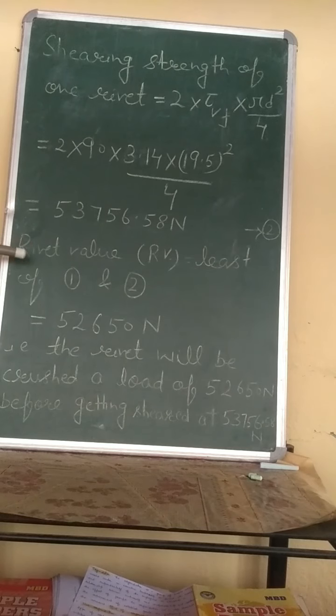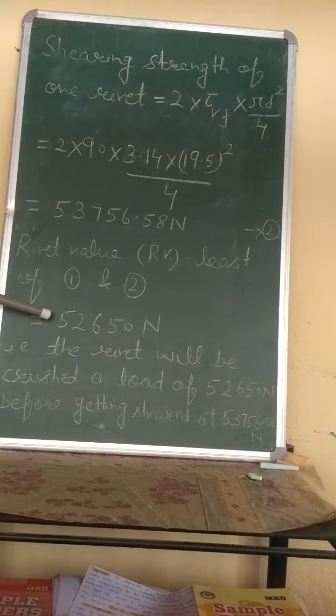So how do we calculate the rivet value? Rivet value is the least of equation 1 and equation 2. Equation 1 is 52,650 and equation 2 is 53,756.58 Newton. So what is the least value?